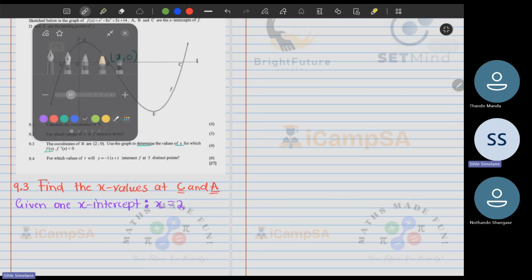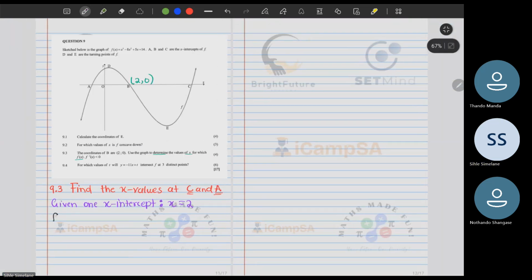So when you go to your equation, your f of x, which is given by x cubed minus 8x squared plus 5x plus 14, if you substitute the 2, you'll have 2 cubed minus 8 into 2 squared plus 5 into 2 plus 14. What you will realize is that it will give you 0.